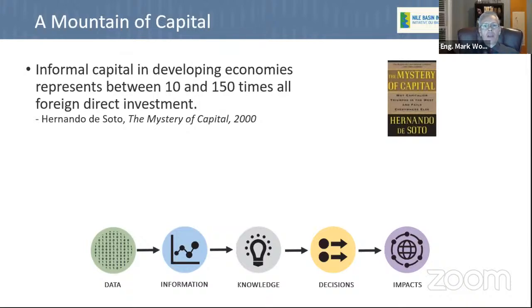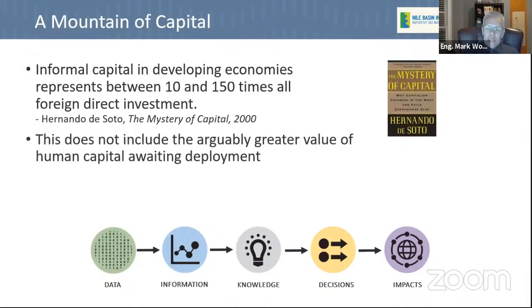So if we think about all of the resources that have been donated or invested by foreign countries in a particular developing area, what he's saying is the local economy has 150 times that much wealth in itself. And that's just tangible assets and real estate. If we think about the real resource that exists in these economies, it's the human capital, the people whose energies are waiting to be deployed and directed in valuable endeavors.